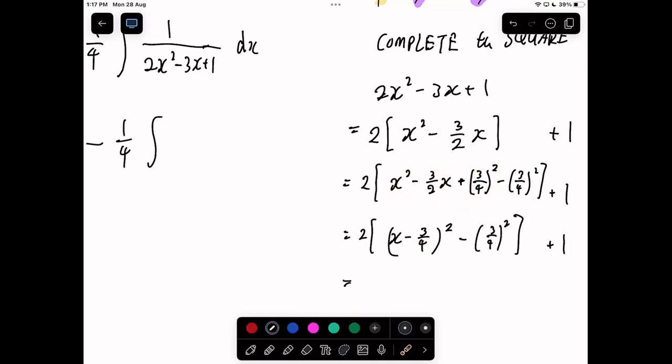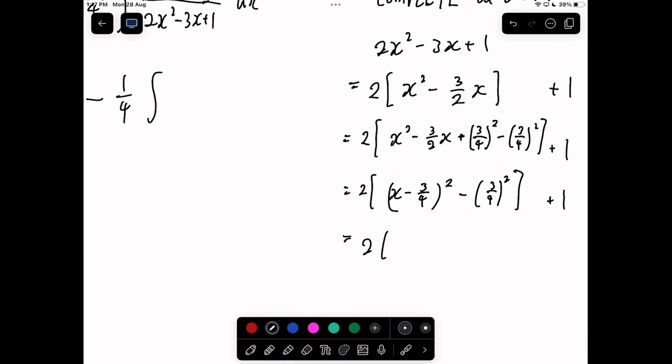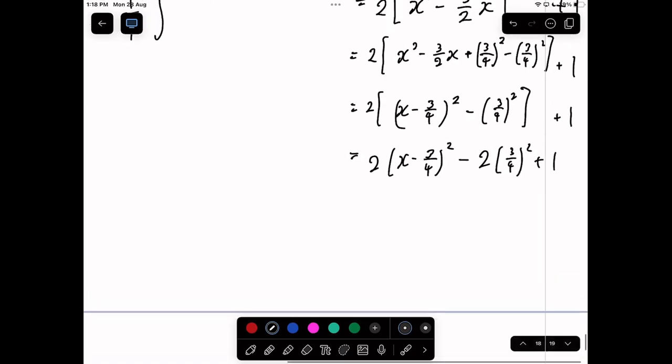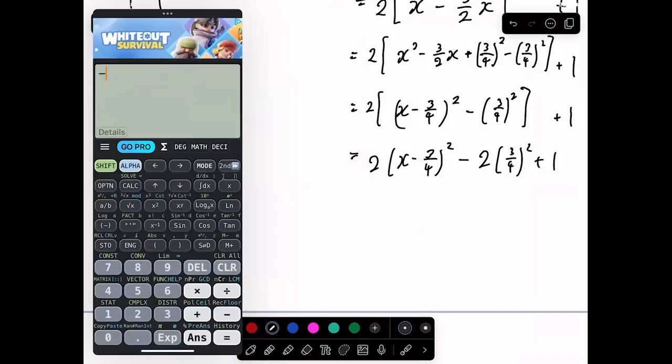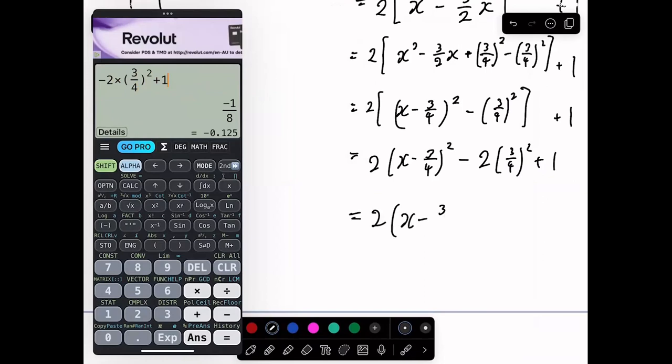Close the square bracket. Now you distribute the 2. You get 2 times x minus 3/4 squared, minus 2 times this term squared, plus 1. I don't want to do mental sums, so I'm just going to use a calculator. What we end up with is negative 2 multiplied by 3 over 4 squared, plus 1, which gives minus 1 over 8.